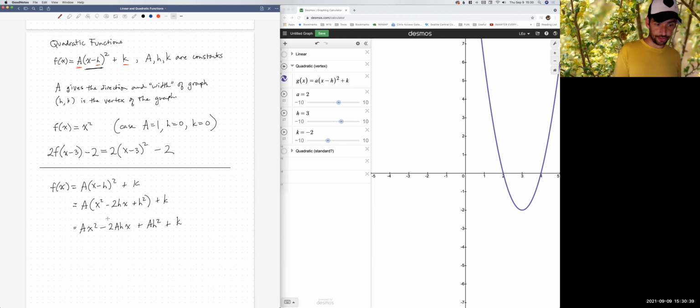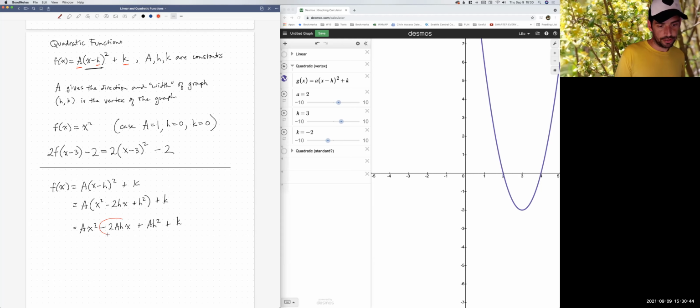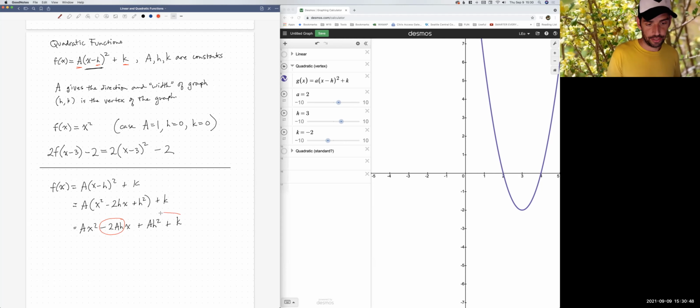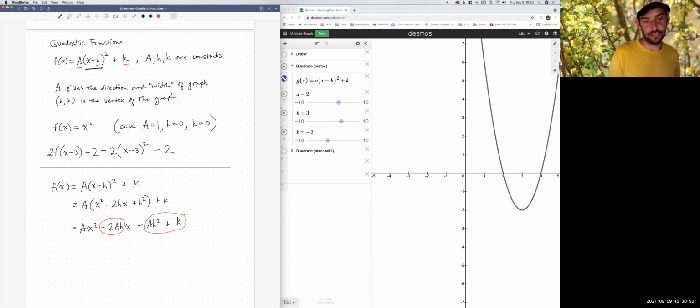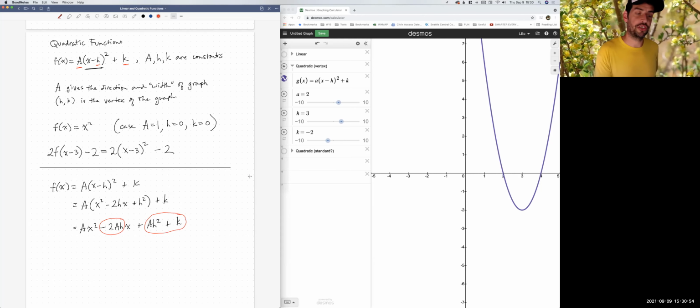So this is looking ugly, but if we remember, everything here is just some number, and everything here is just some number. I'm just going to give them a new name.